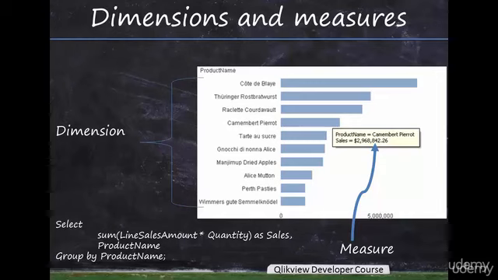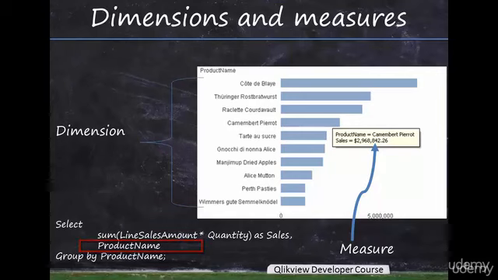And in the SQL world, as shown in the depiction, it's simply a group by function. The first line, which has the sum, is the measure, and the second, which shows the product name, is the dimension.